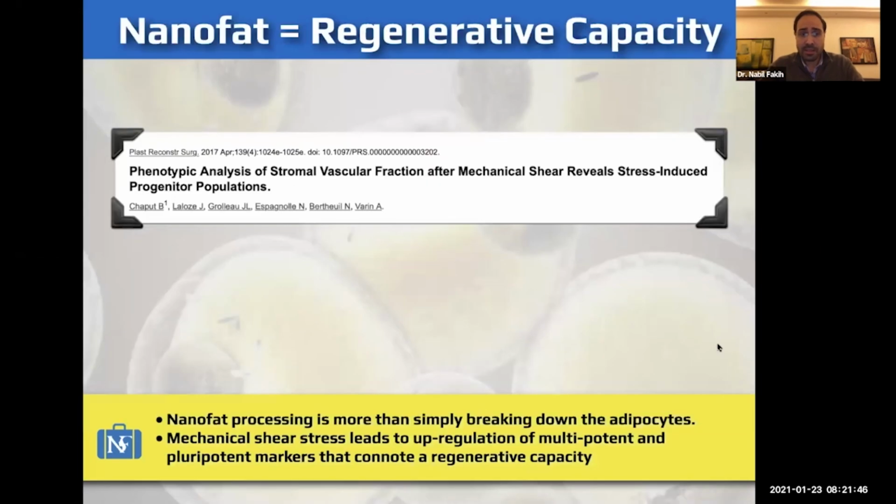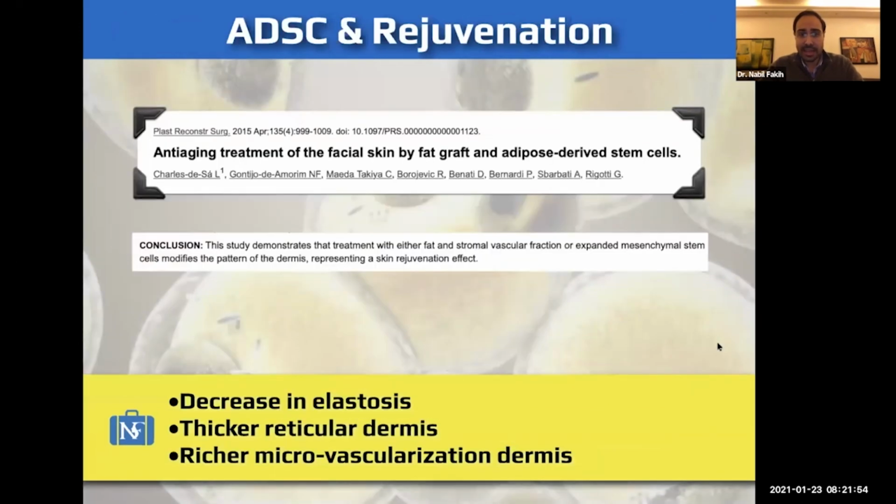Another study, published by Chaput in 2017, is about how nanofat has a regenerative capacity. And again in 2015, another study saw that the post-graft stem cells will decrease elastosis, create a thicker reticular dermis, and have a richer microvascularized dermis, creating an enhancement in the area.